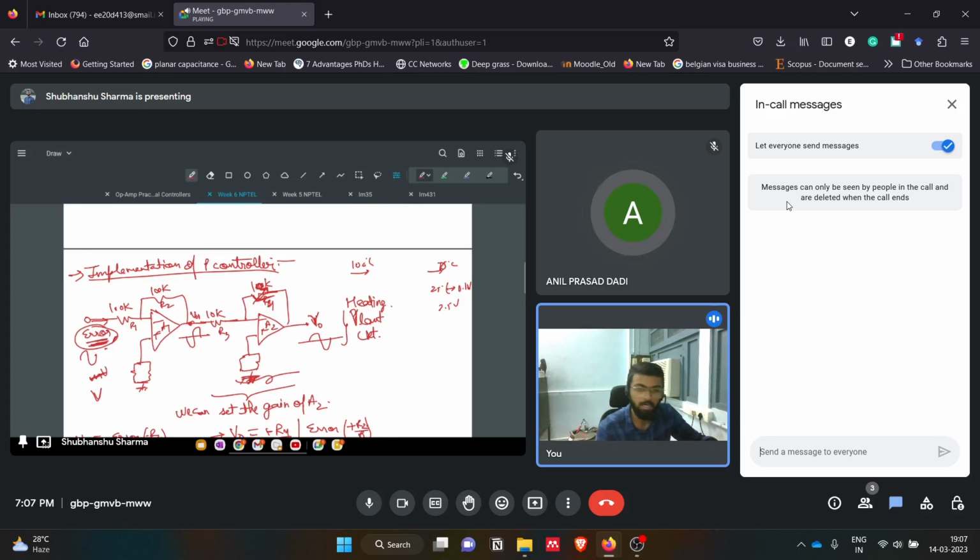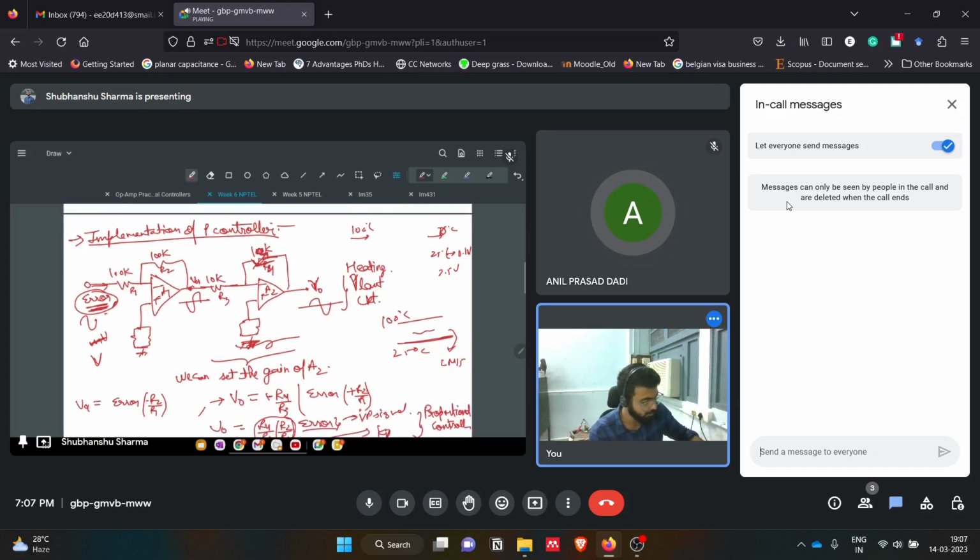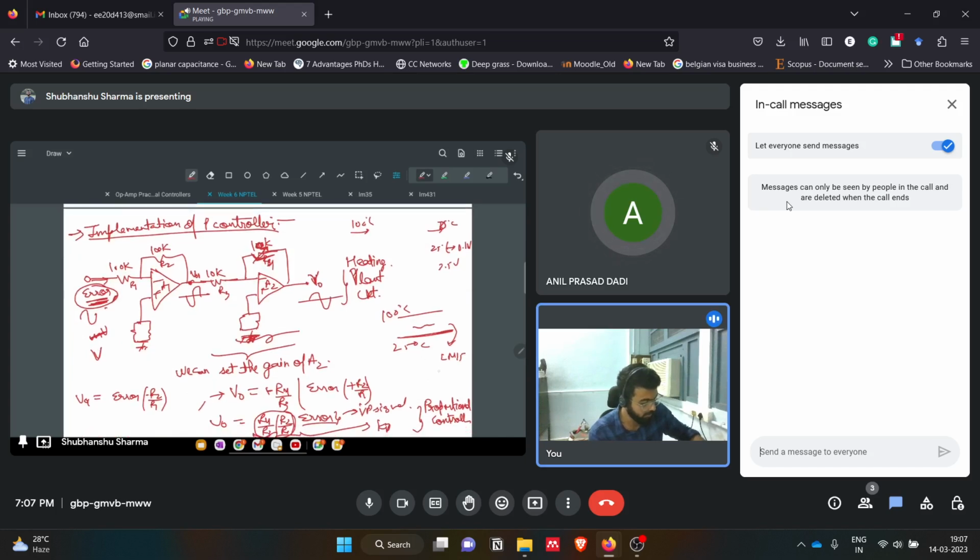Let's say our heating plant is deviating, and we have a threshold of 25 degrees Celsius and 100 degrees Celsius. Between that, it is fine. If the signal is varying and the output from the LM35 is in the millivolt range, that millivolt range is being fed back to this controller.